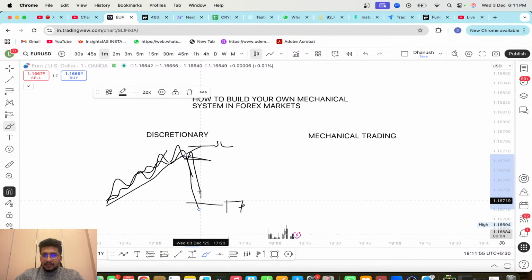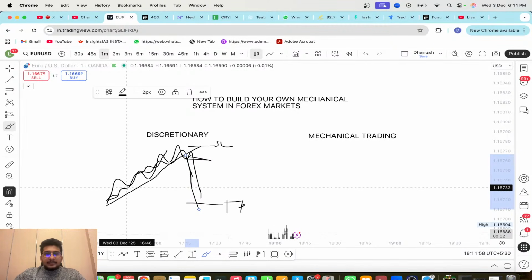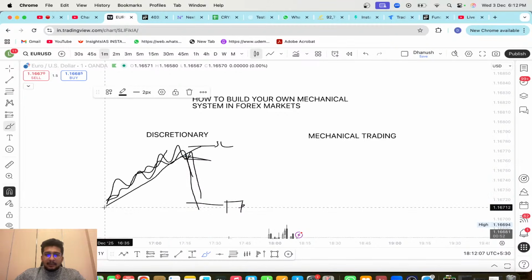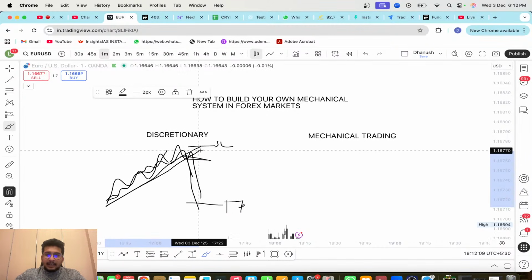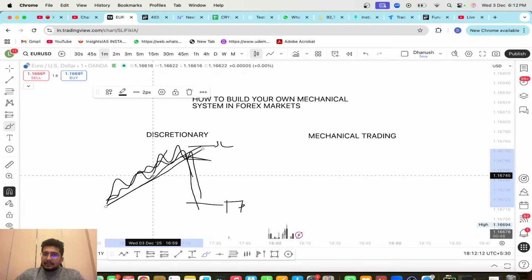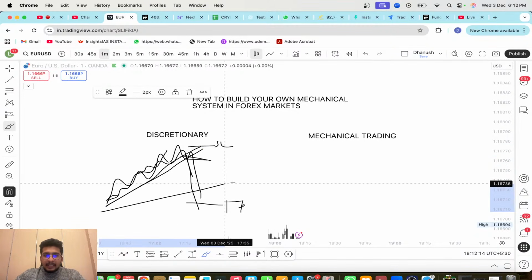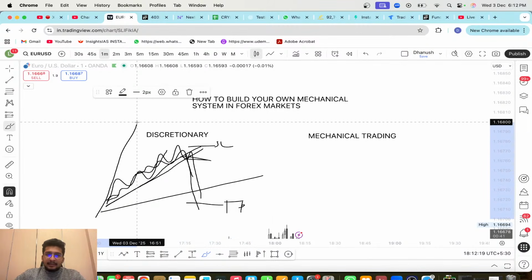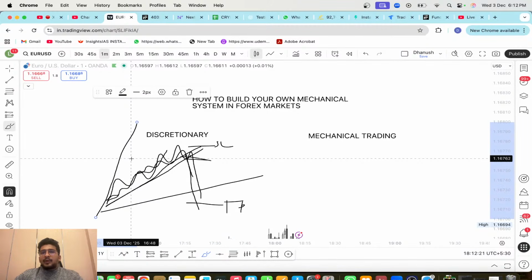Also, when we plot trend lines, it differs according to people. For some people the trend line will look like this, for other people it will be like this, and for others like this. There is no framework, no fixed thing. It changes from people to people.